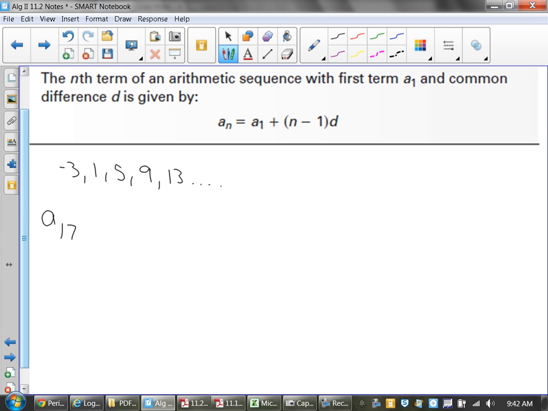You guys told me a second ago that the common difference within that sequence was what? 4. So I know my D value here is 4. I know what my first term is. What is it? -3. I know my first term is -3.